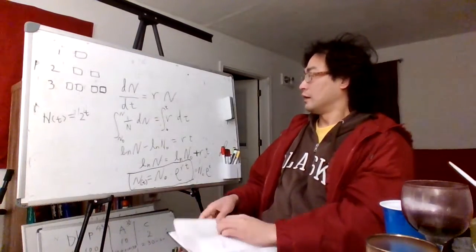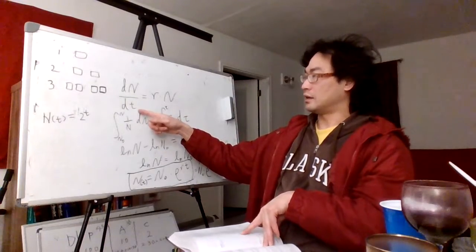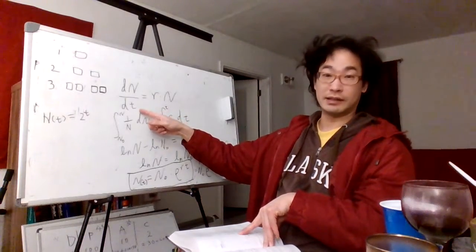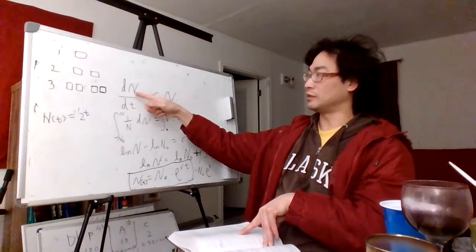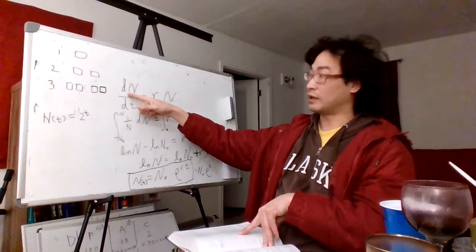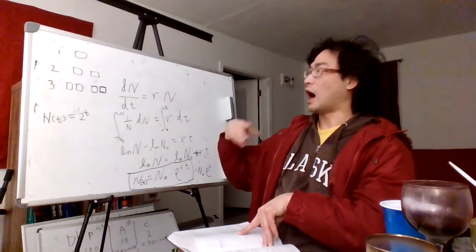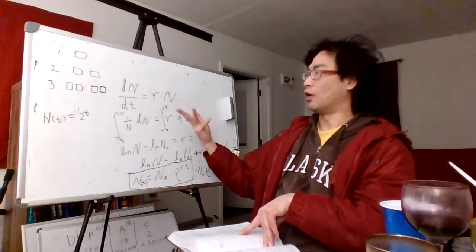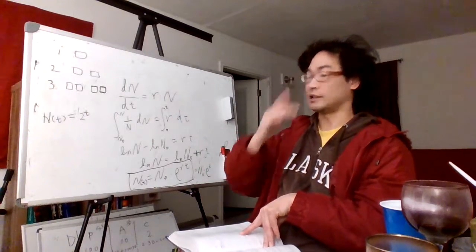Okay, so dN/dt is like this, per day, per time. This is the speed of change. d is delta, the differential. Delta N means how many more, the increase in population.